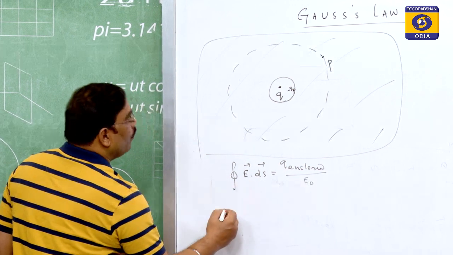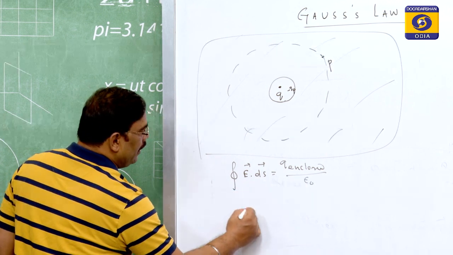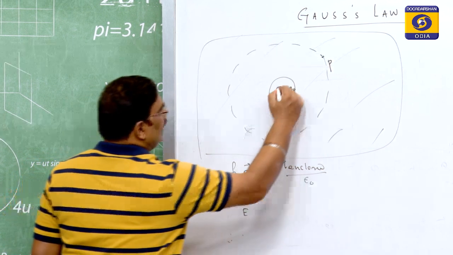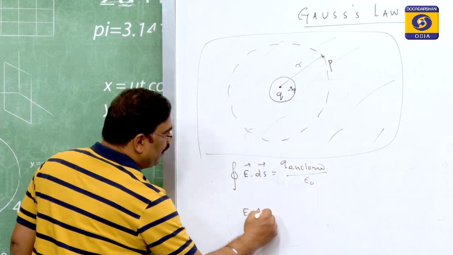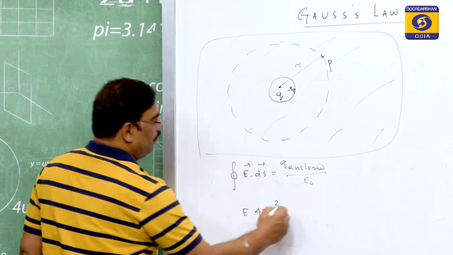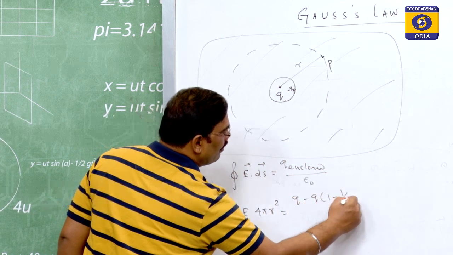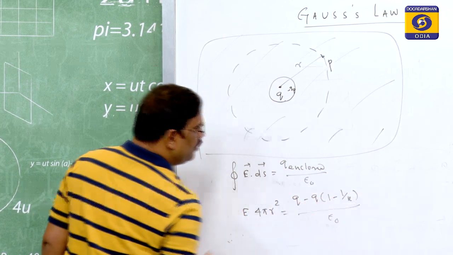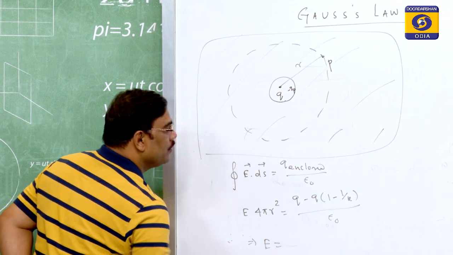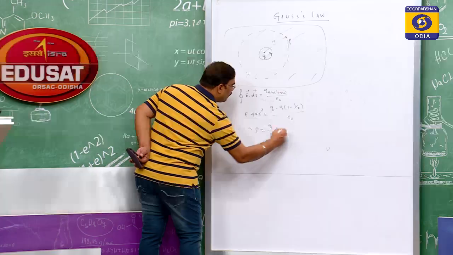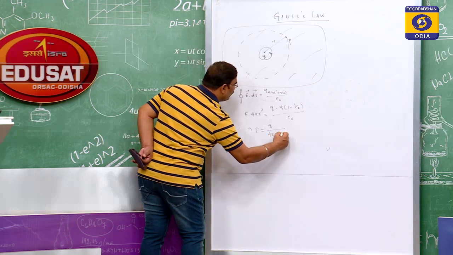So, E integration ds, suppose this distance is r, into 4 pi r square, is Q minus Q into 1 minus 1 by k divided by epsilon 0. So, I will get electric field E equal to Q divided by 4 pi epsilon 0 k r square.